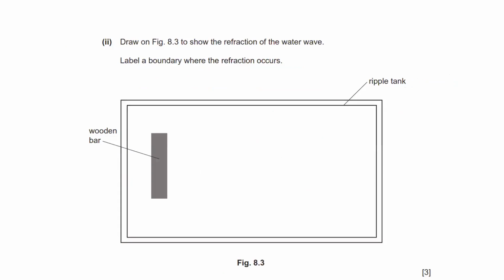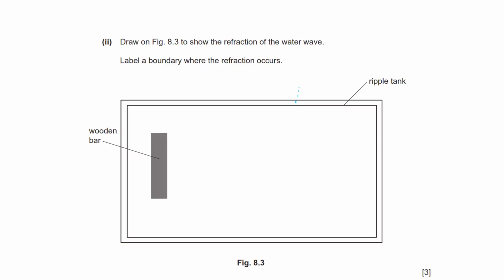Moving ahead, it says draw on figure 8.3 to show the refraction of the water wave. Label a boundary where the refraction occurs. Okay, that is very important. First of all, I will use a couple of colors here. Let me define the boundary region.